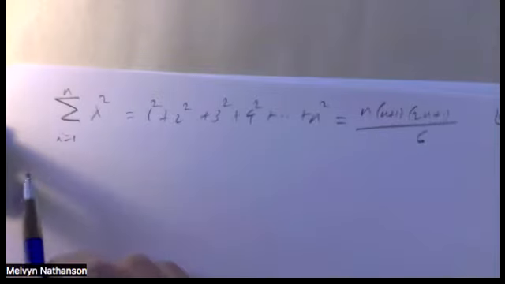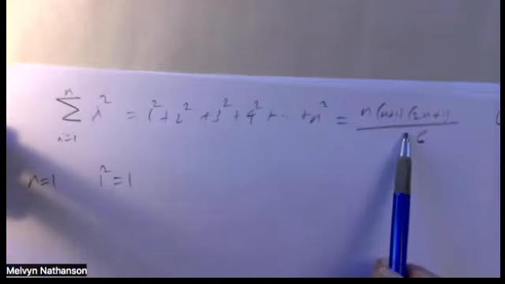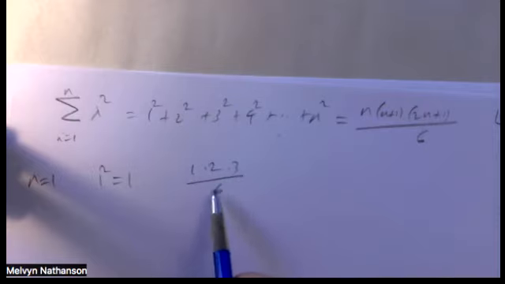So let's just check small cases. Of course, the most important is n equal to 1. When n equals 1, you just have 1 squared, which is 1, on the left. On the right, when n is 1, 1 times 2 times 3 over 6, also equal to 1. So that's good.